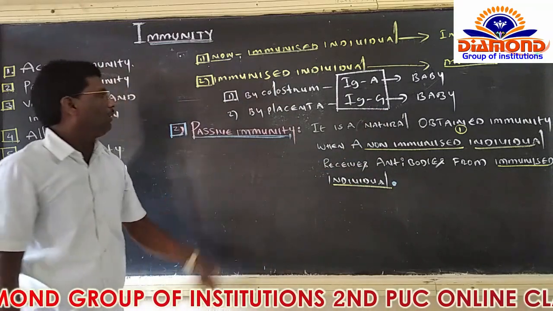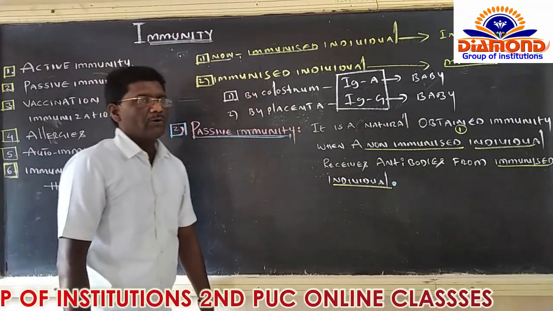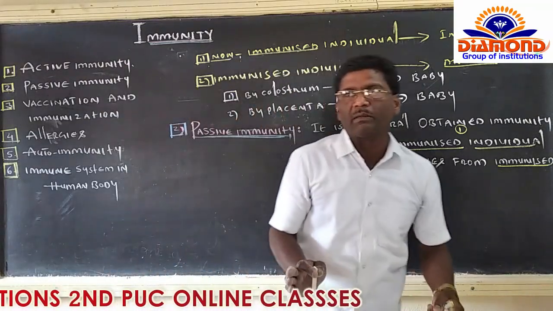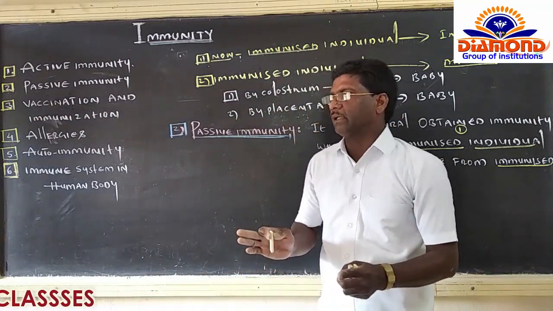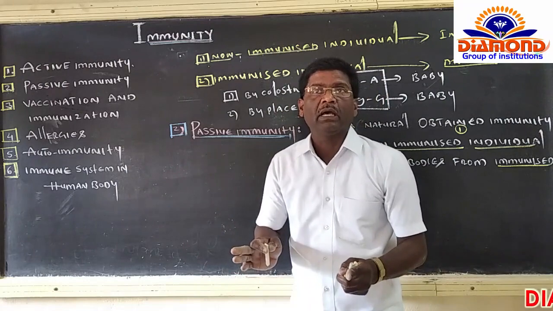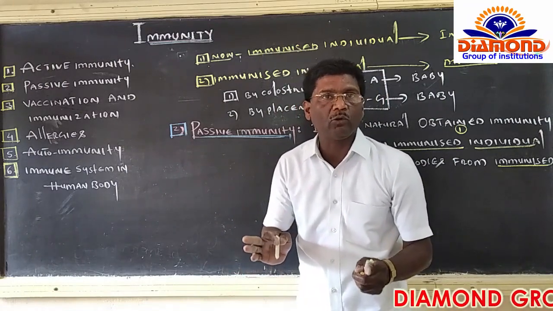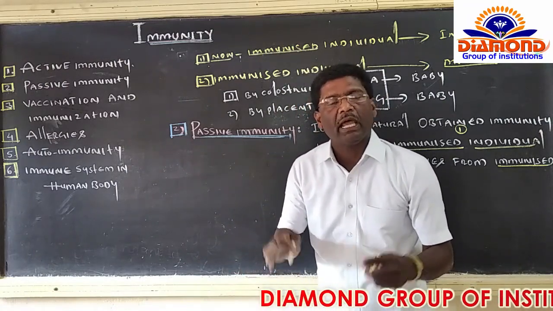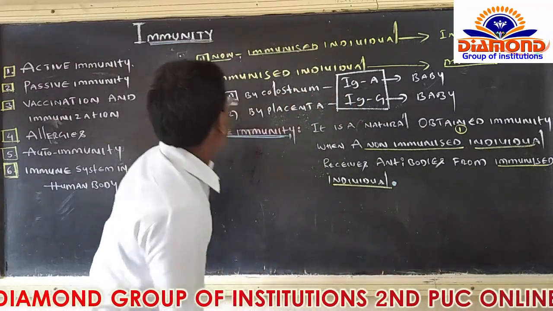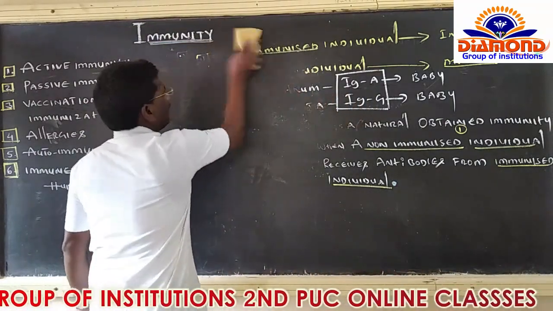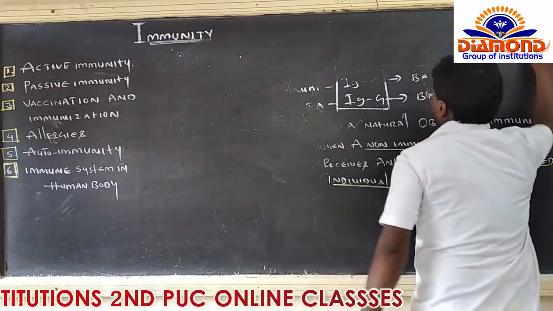That is the meaning of passive immunity. From the board examination point of view, they regularly ask what is active immunity and what is passive immunity. Sometimes they ask, for 2 marks, to write the differences between active immunity and passive immunity. That is the basic difference between active and passive immunity.